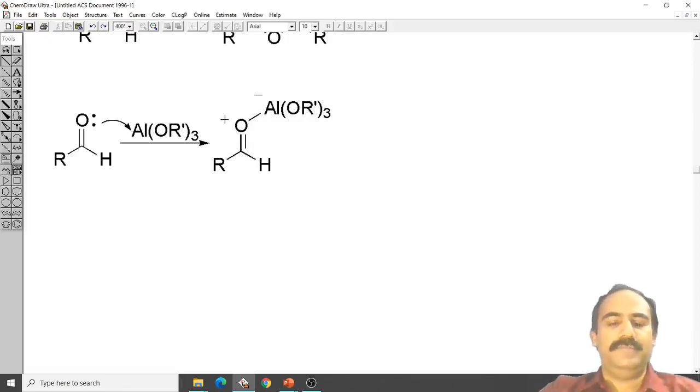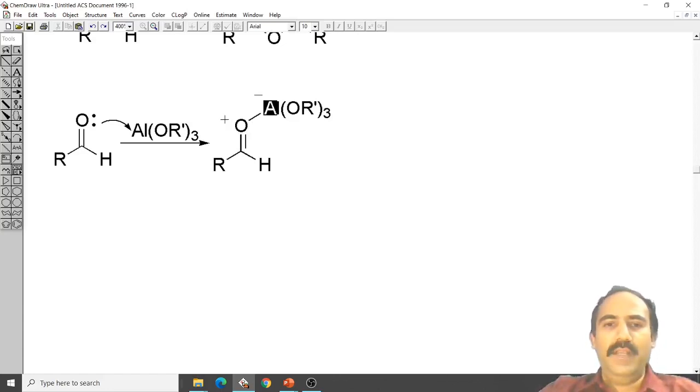Now what happens? This oxygen is more positive, which in turn makes this carbonyl carbon even more positive. It was already a slightly positive center even before this aluminum coordinated on this oxygen, as there was a shift of electrons towards oxygen in these bonds because oxygen is more electronegative.